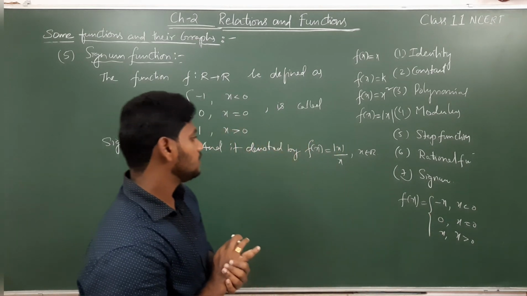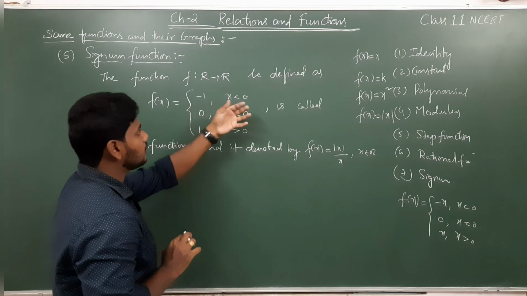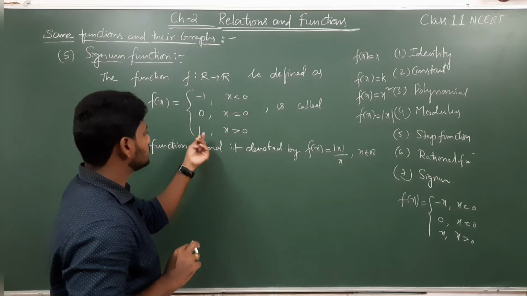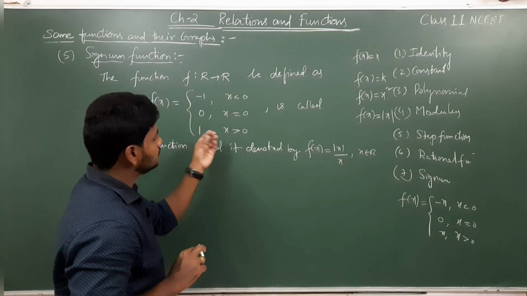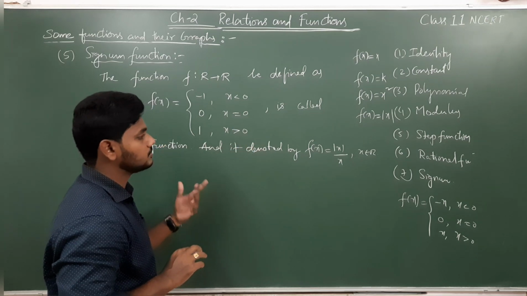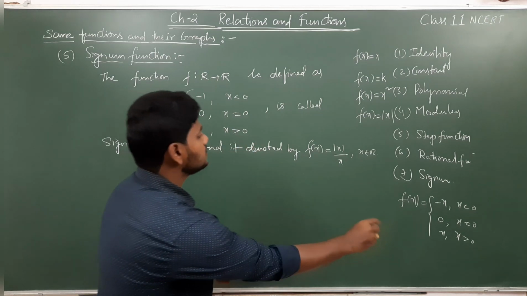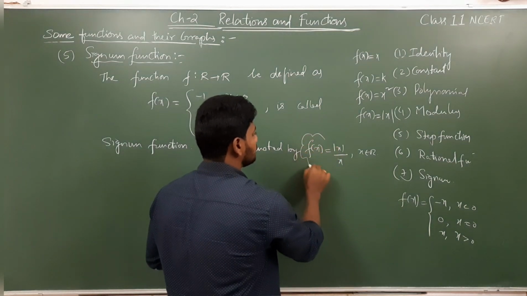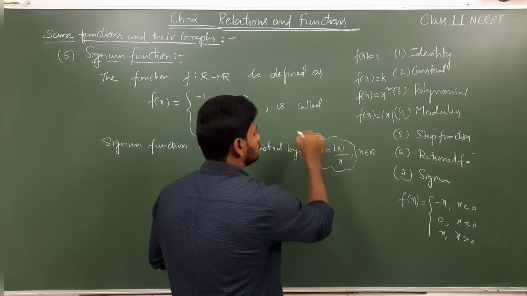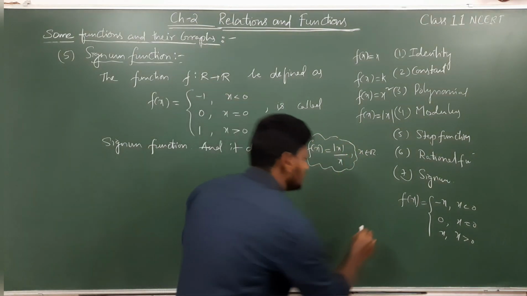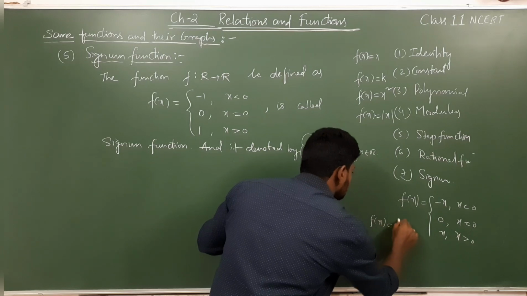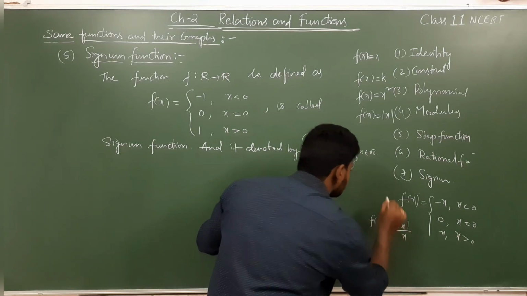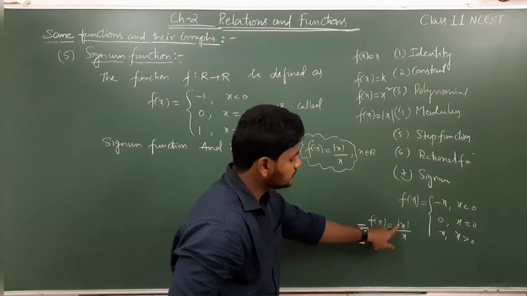How did we get -1 for all x less than 0 values and 1 for all x greater than 0 values? Because the function is f of x equal to mod x by x.